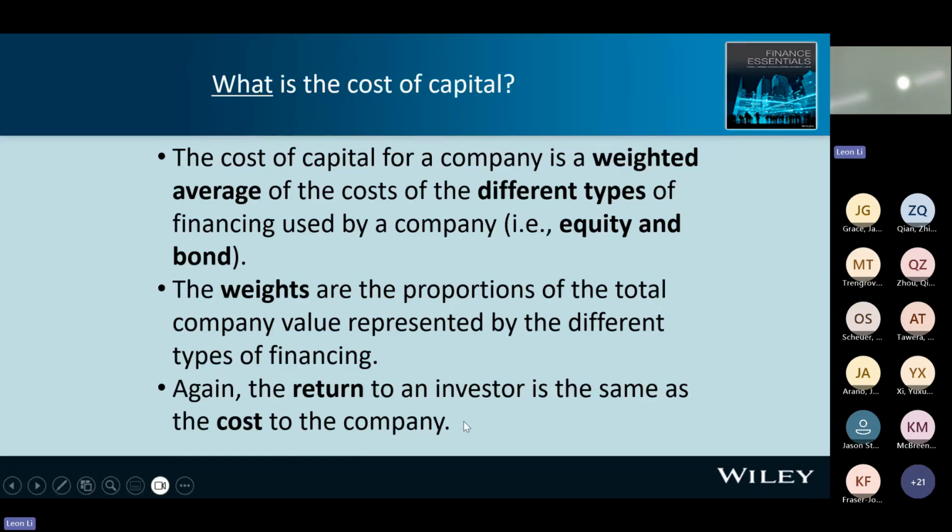So let me show you my handwritten note to summarize the concept in an easy way, all right? So cost of capital. The company will have different types of capital. In particular, we have debt or equity. For example, my family.